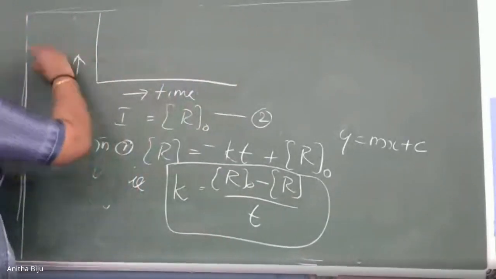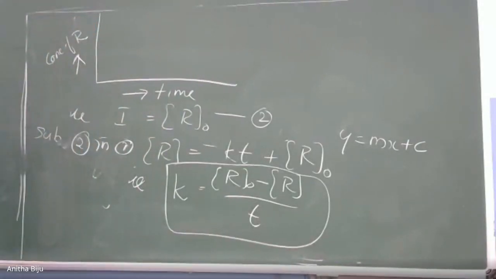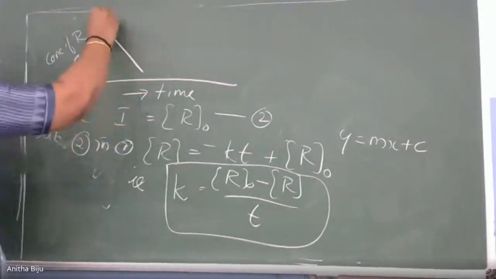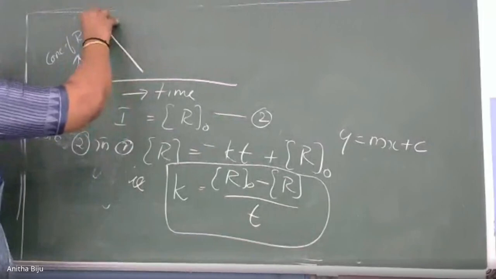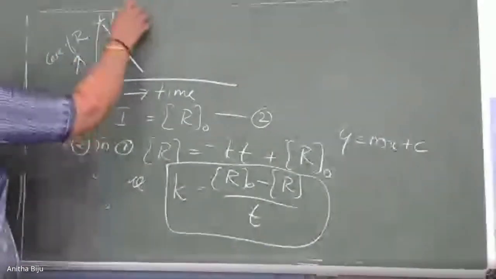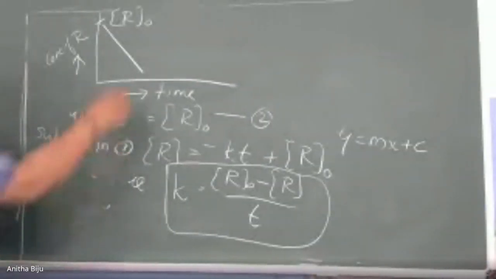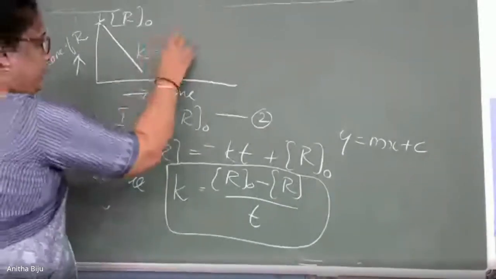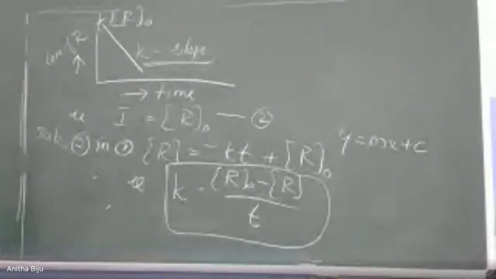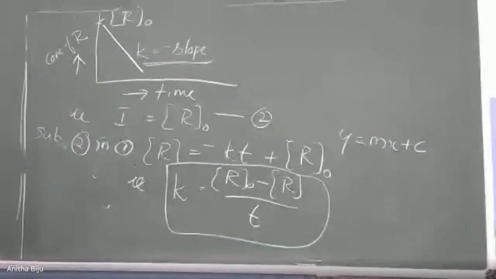Here we get a straight line like this, and it will be extrapolated and cut the y-axis. Here we get the value of R naught. In this case the value of K is the negative slope. The nature of the straight line is like this, therefore it has a negative value. K is equal to minus slope.